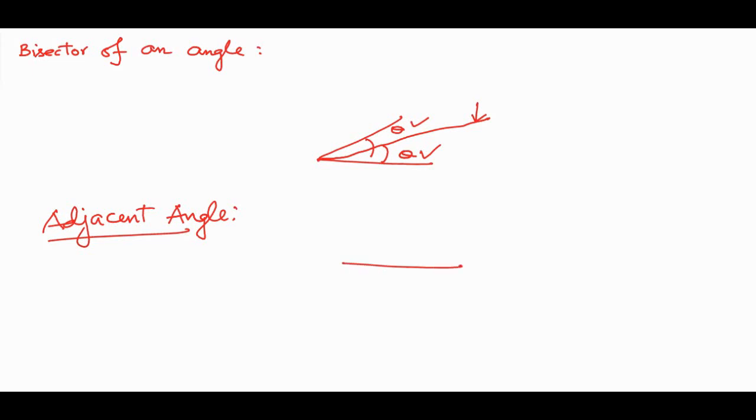The two angles have a common arm, or common side, whatever you can say. If two angles have the same common arm, then we can say they are adjacent angles.